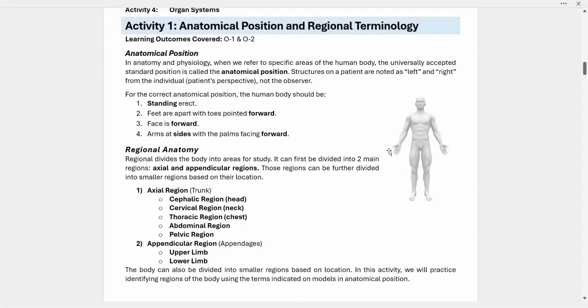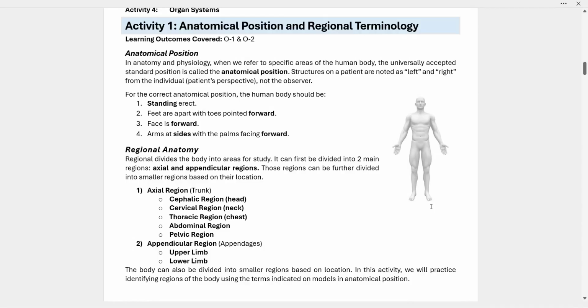And as you can see in this little man statue I put here, he is in the anatomical position. He's standing erect, his feet are apart with his toes pointed forward, his face is forward, and his arms are at his sides with his palms facing forward. This is called the anatomical position.